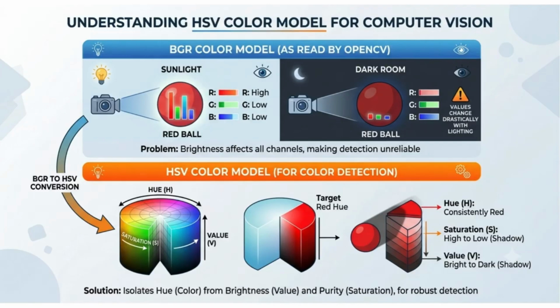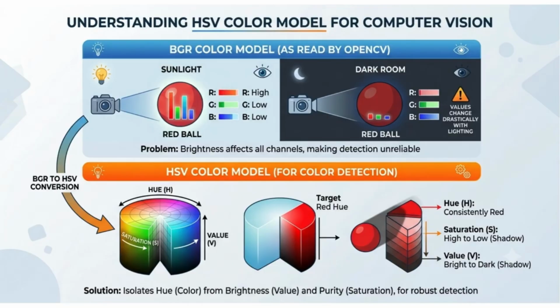Okay, so what is the HSV color model? Before we start detecting colors, we need to understand why we use HSV instead of RGB or BGR. OpenCV reads images in the BGR format, where every pixel contains blue, green, and red values.